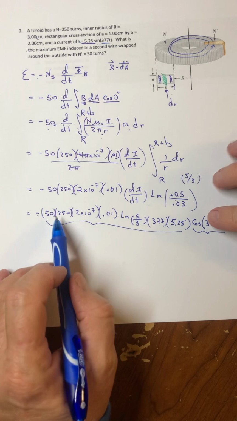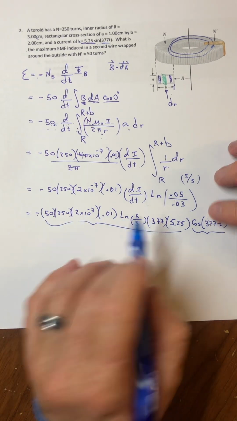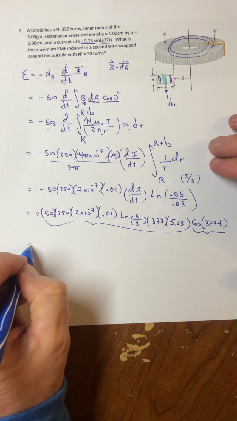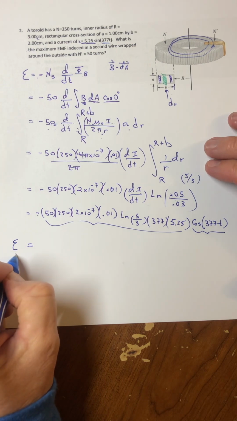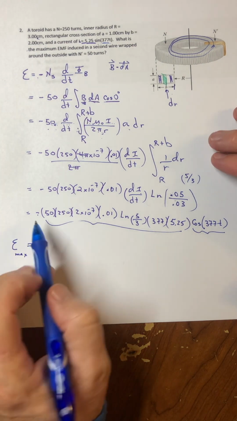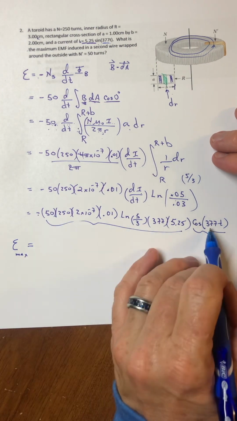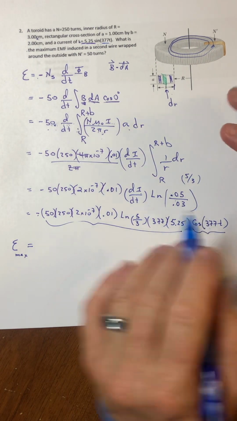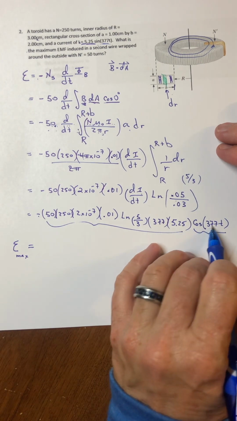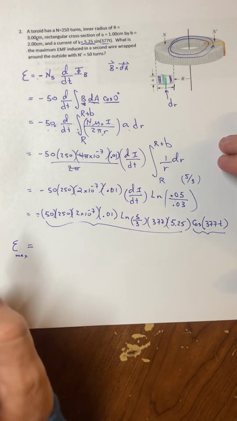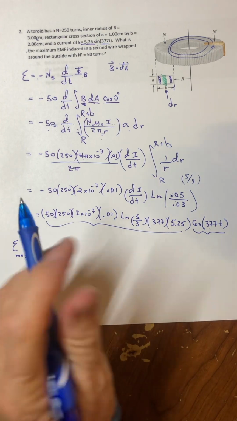So its maximum is all these things multiplied together. I will just say EMF max and ignore the negative, or maybe I shouldn't say ignore it. Associate the negative with when the cosine is a -1, that's when it's going to be positive and largest.